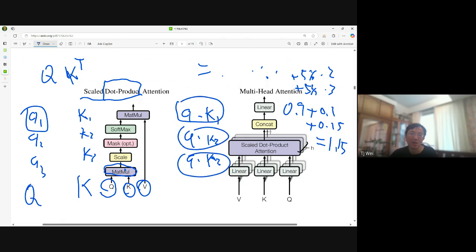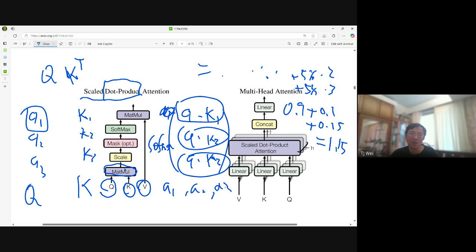Okay, so after the softmax, we get the attention map, called A1, A2, A3.